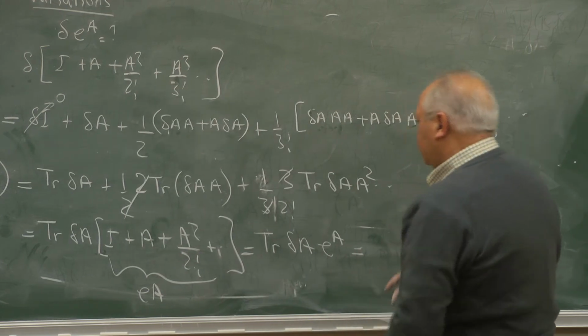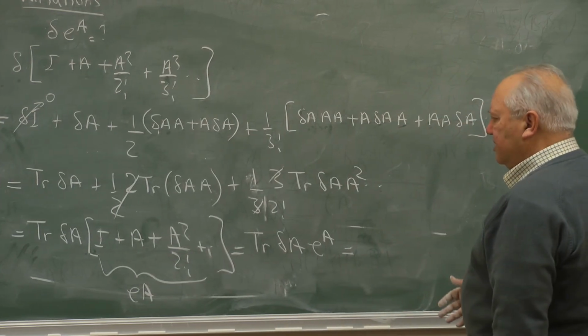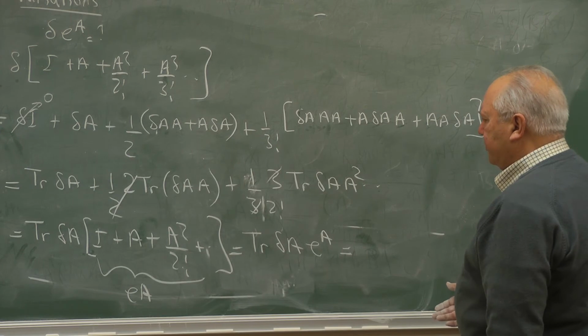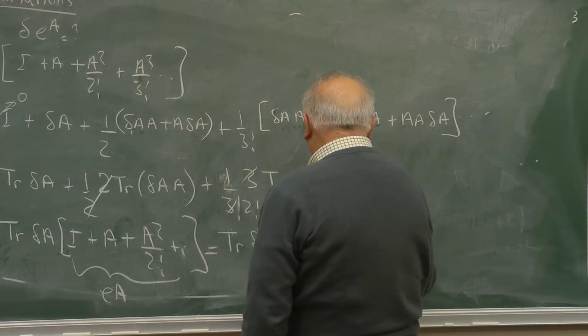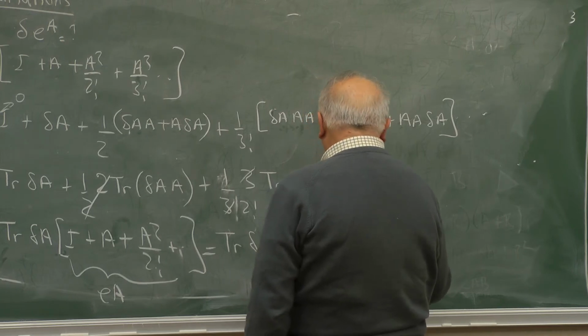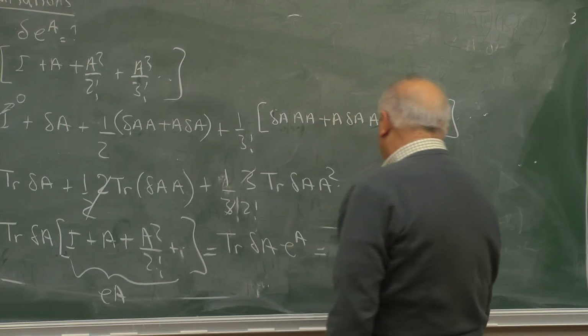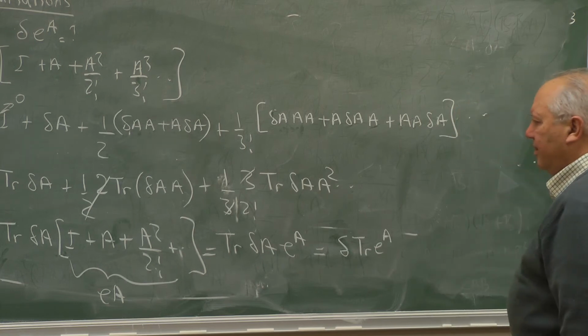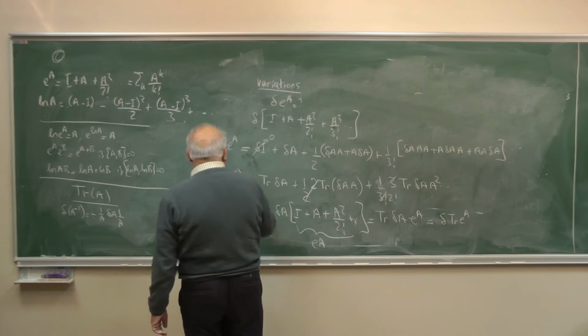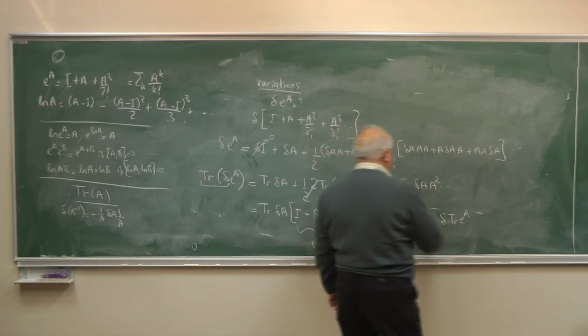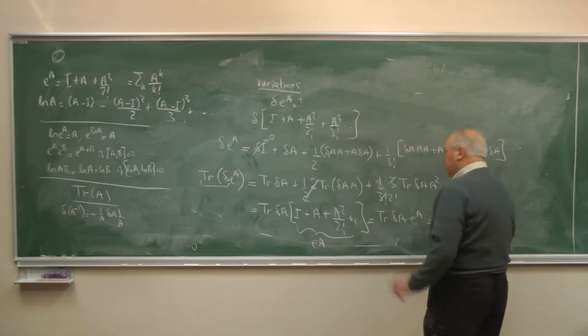So the sum of the traces is the trace of the sum. So we can also write this thing as delta trace e to the A. So we see that the trace operation and the delta operation are commuting. We can change the order.